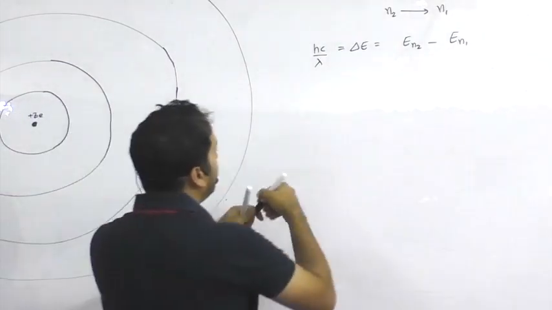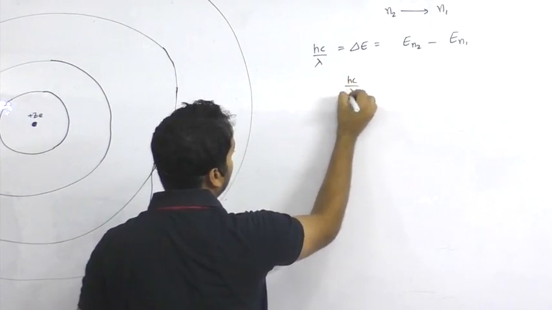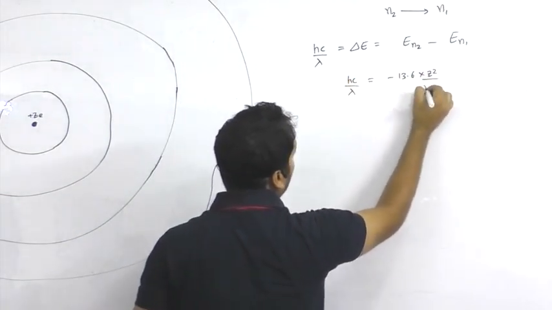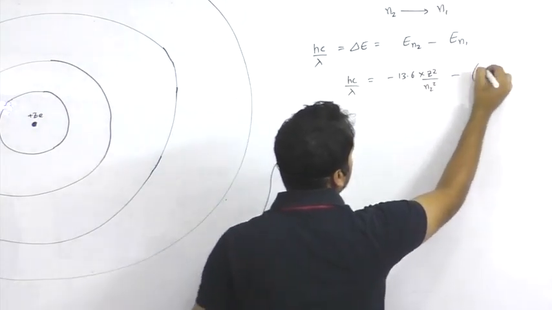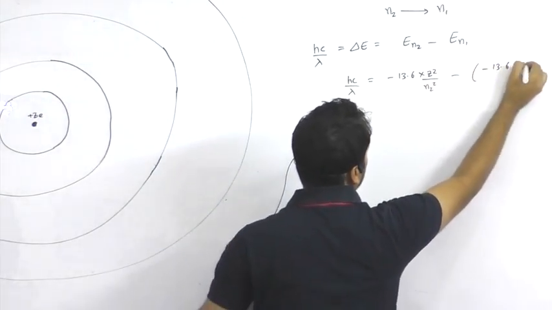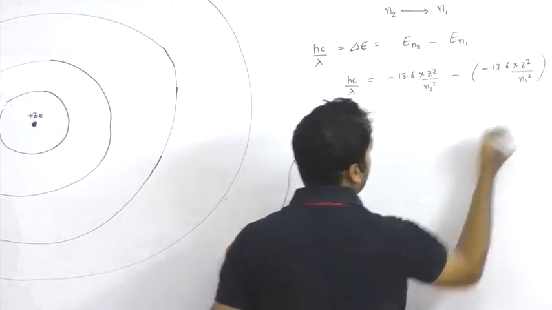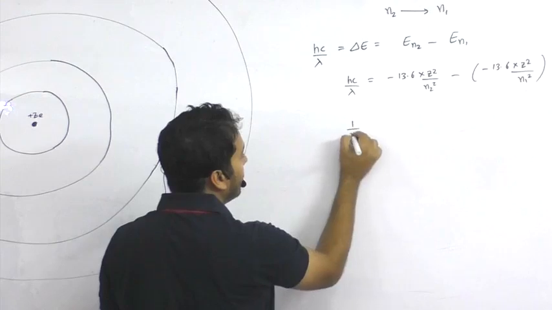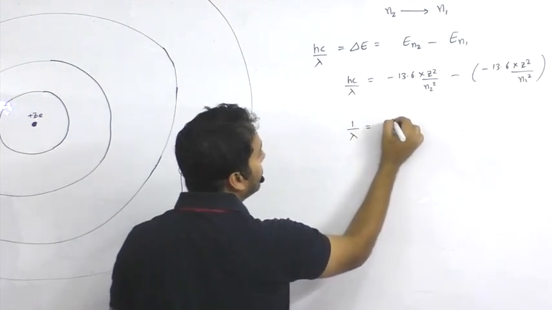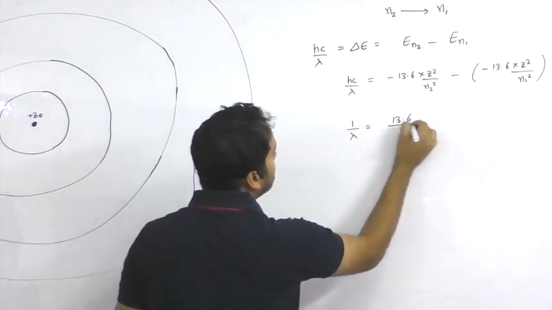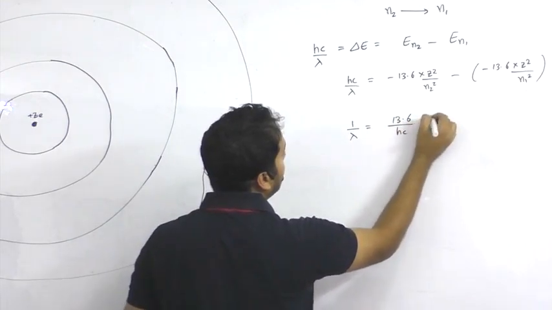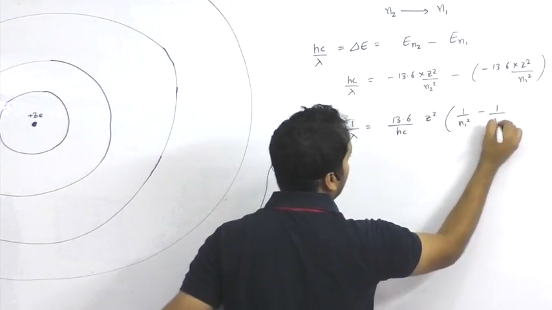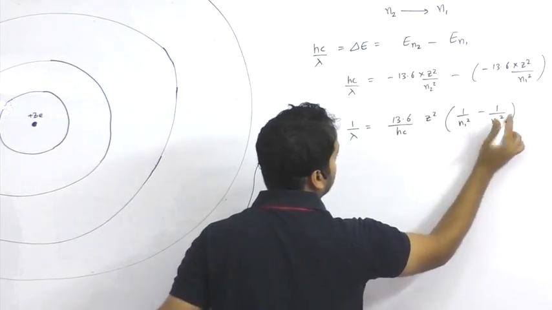Yes, so if I put it over here, I will get hc by lambda as minus 13.6 into Z square upon n2 square minus 13.6 into Z square upon n1 square. Or I can rearrange the terms to get 1 by lambda is equal to 13.6 upon hc into Z square into 1 by n1 square minus 1 by n2 square.